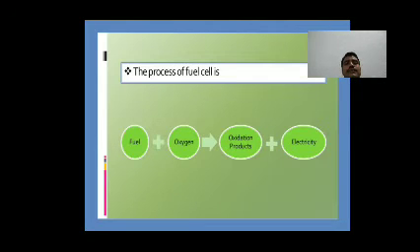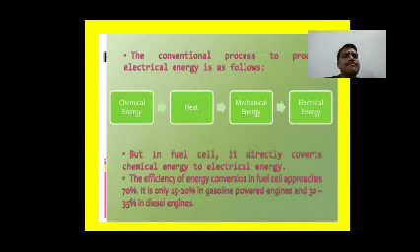The conventional process of producing electrical energy follows these steps: chemical energy to heat energy to mechanical energy to electrical energy.